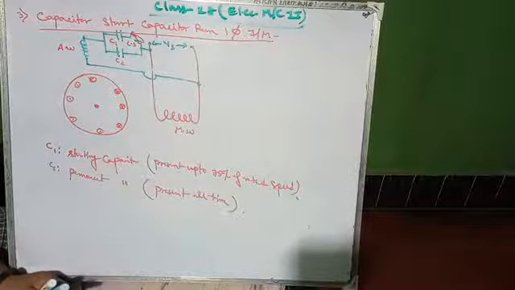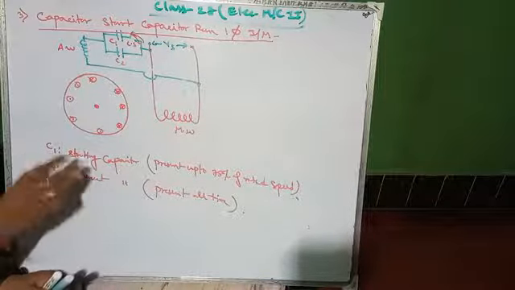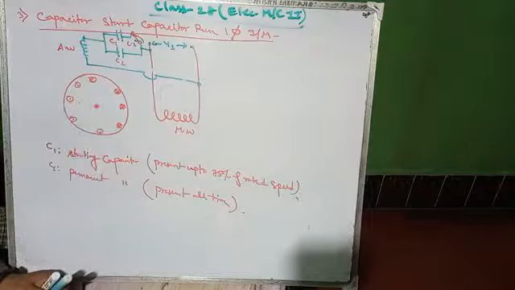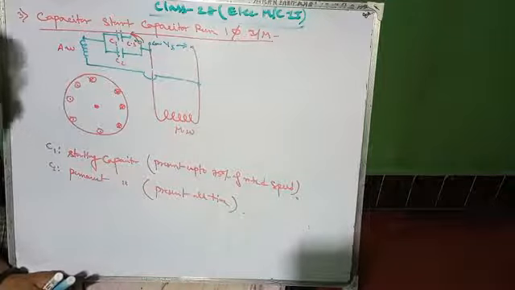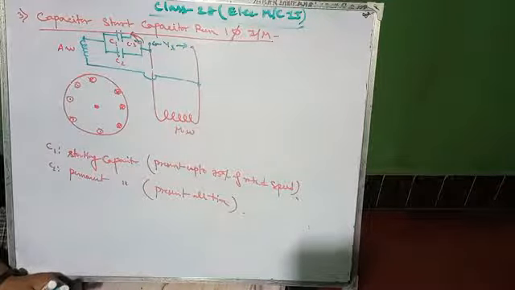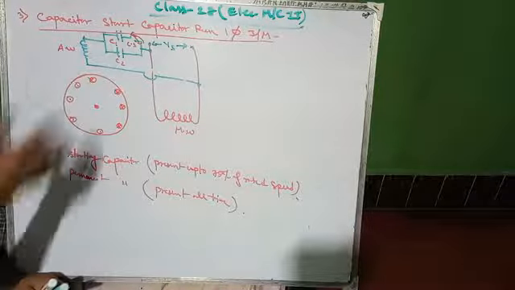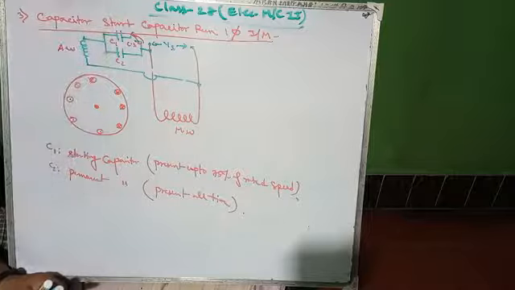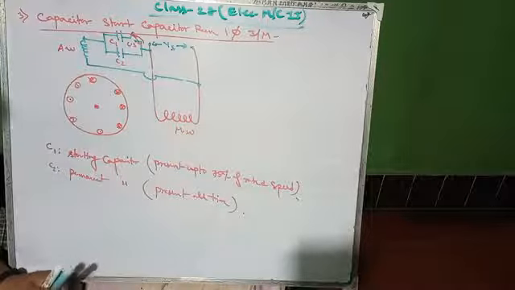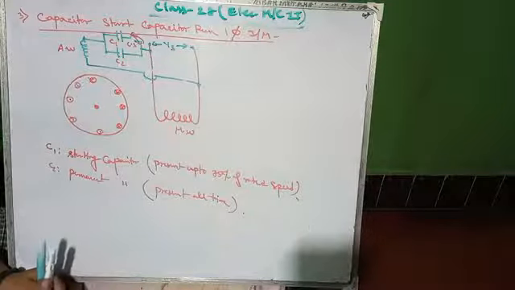After achieving 75% of the rated speed, the centrifugal switch is opened, that is turned off. Then only one capacitor, which is permanent, is present with the main winding.